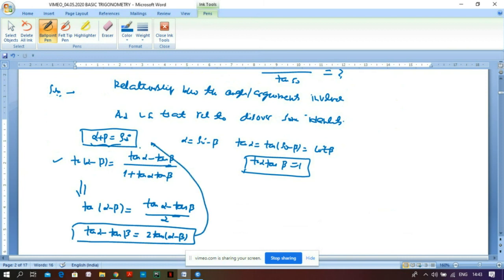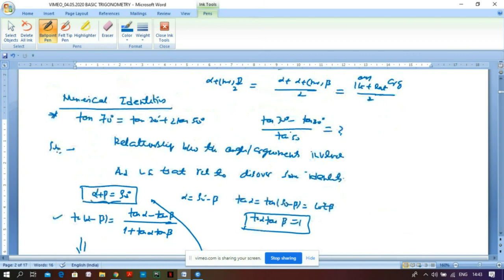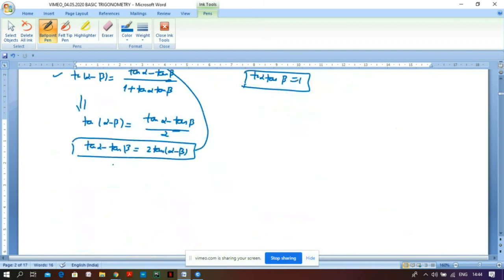That tells you that 70, 20, and 50 make sense, because the sum of 70 and 20 is 90, and 50 is just their difference. So if I plug in 70 degree and 20 degree, you will get tan 70 degree minus tan 20 degree is 2 tan 50 degree.